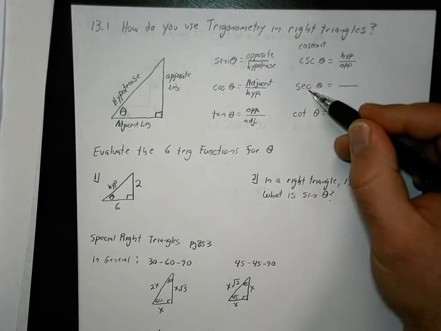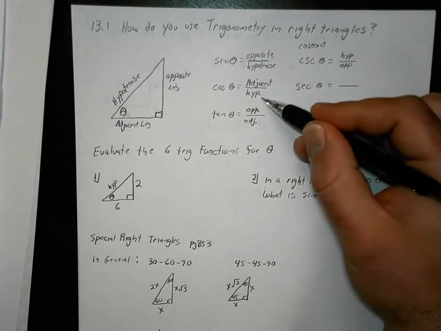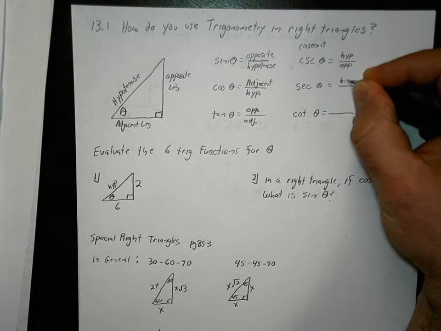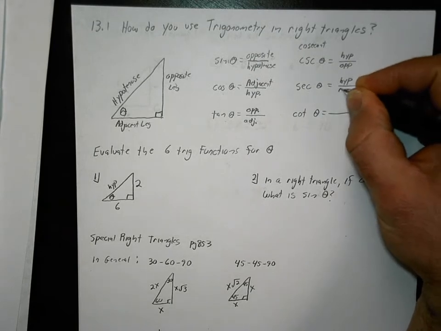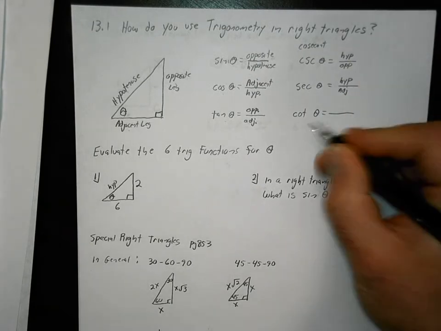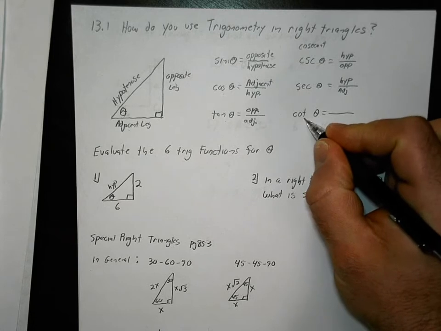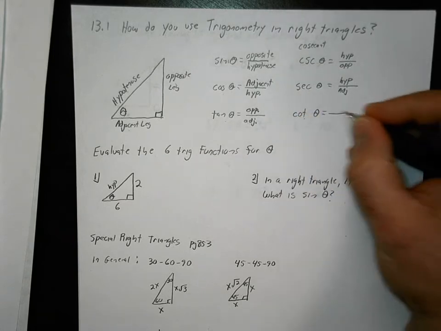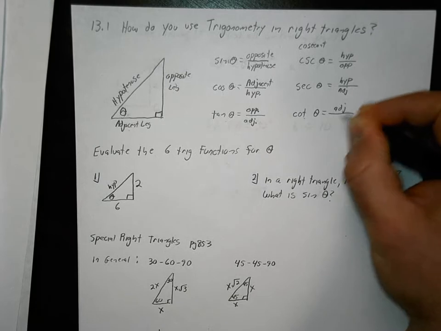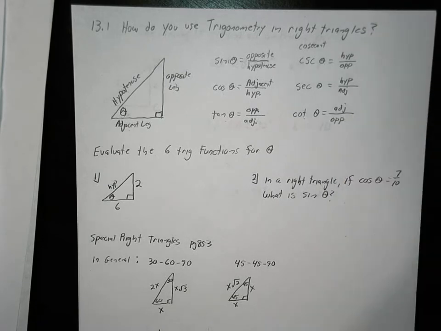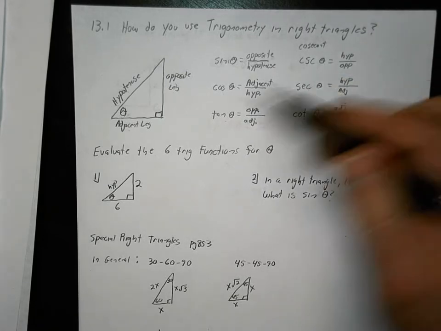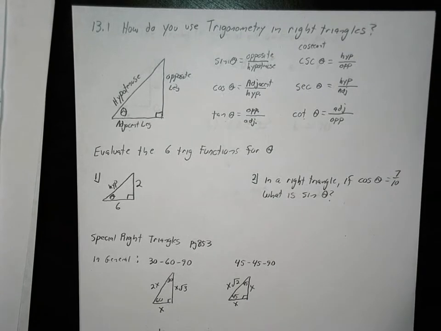The next one is secant, which is the reciprocal of cosine. It's hypotenuse over adjacent. And COT is cotangent, and that's the reciprocal of tangent. Adjacent over opposite. So these are the 6 possible trig ratios within a right triangle.